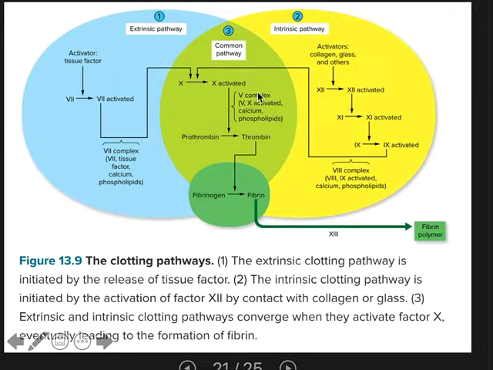Okay, so that's the common pathway where both the extrinsic and intrinsic become the same steps for the rest of the way. Intrinsic, again, does not require anything extra. It is all already in your blood and vessels. Extrinsic, you would have a tissue factor, and this would be from damaged tissue. Okay.